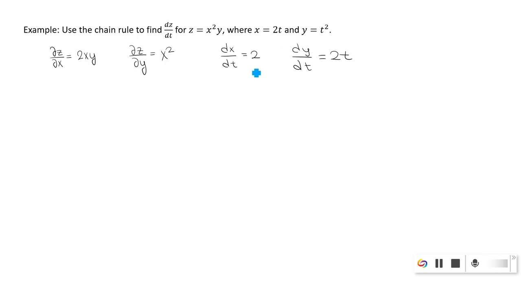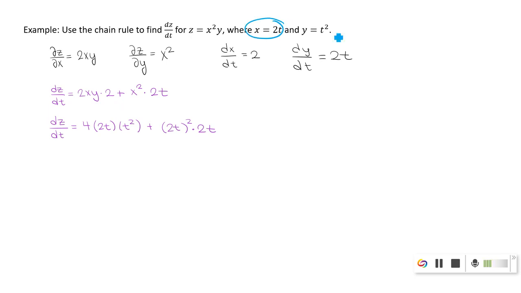dx/dt is 2, dy/dt is 2t. So putting that into my chain rule, I take dz/dx times dx/dt plus dz/dy times dy/dt. And then we can do some substitution and get our final answer in terms of t only, because we know that x is 2t and y is t squared.